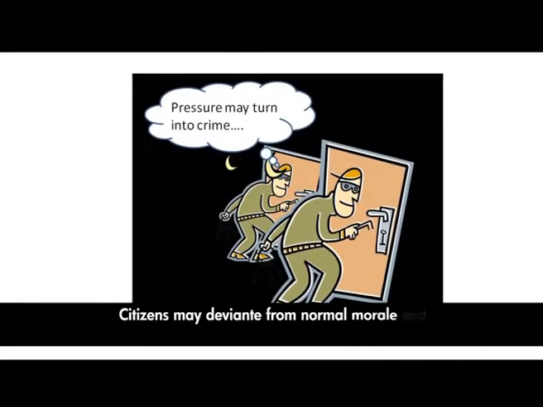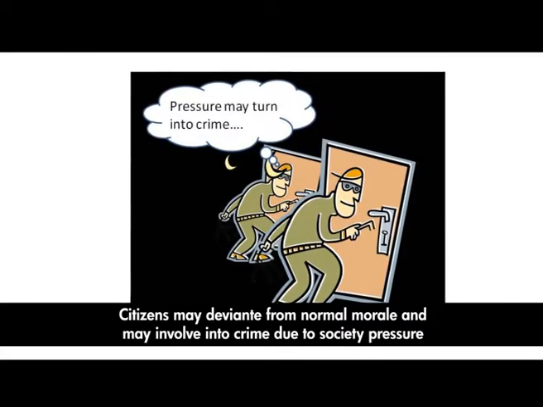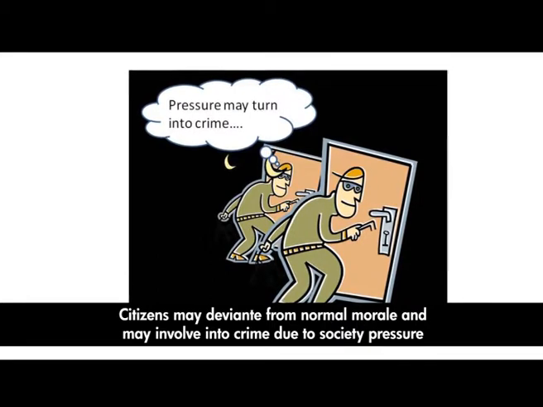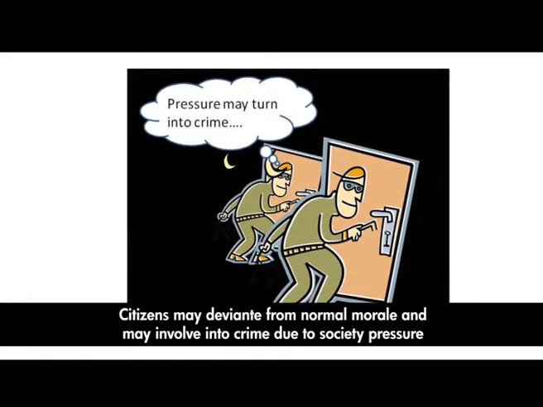Let us now understand what the anomie theory advanced by Robert Merton states. Social structures within society may pressure citizens to deviate from normal morals and become involved in crime. Also termed strain theory, Robert Merton's strain anomie theory was advanced following the work of Emile Durkheim.